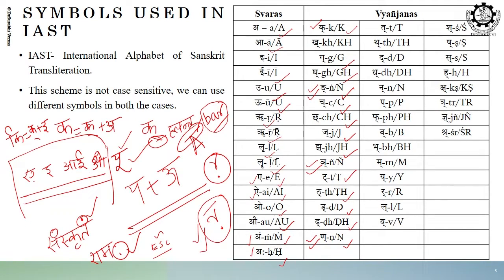The first group is the ka group, the second is the cha group, the third is the ta group, then the ta group, and then the pa group. In this way you can see the fifth sound of each group. How to remember it easily? The fifth sound of each group follows the pattern of n upper dot, n tilde, then n lower dot.